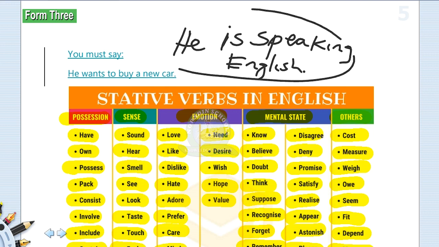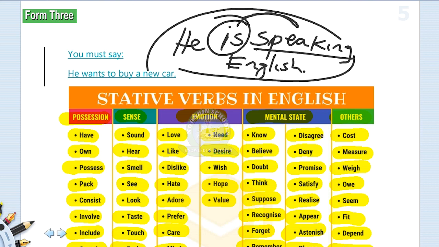What are we doing? Number one, we have to change the main verb. And then what? The auxiliary verb. In passive, these 2 places only change. So what will I say? The object of my active voice becomes the subject of my passive voice.